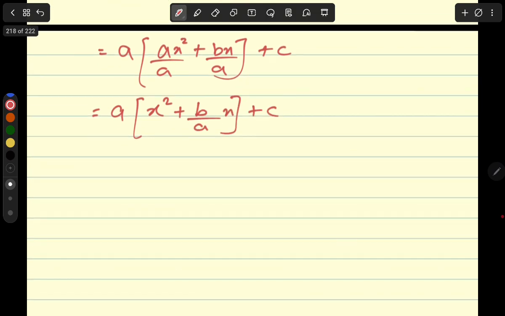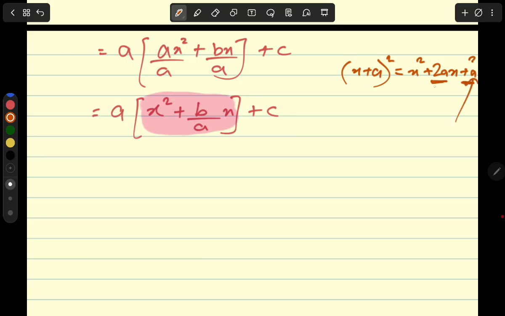Now you can see that this highlighted part inside the square bracket is nothing but part of a perfect square. If I write (x plus a) whole squared, what is that? That is x squared plus 2ax, and then there is another term a squared, right? Now this is missing, so what I can do is, and this part right here is half of this coefficient, right? So if this is 2a, then this is a, but squared of that.